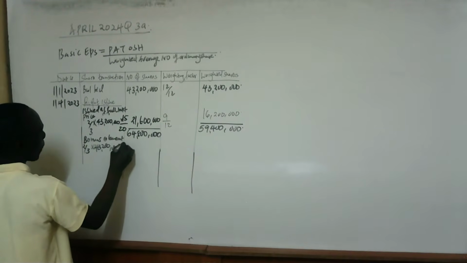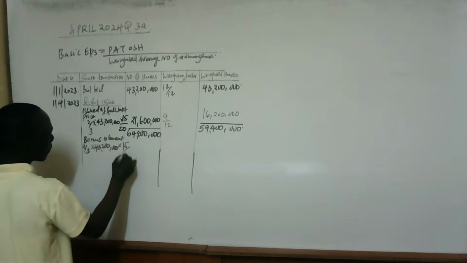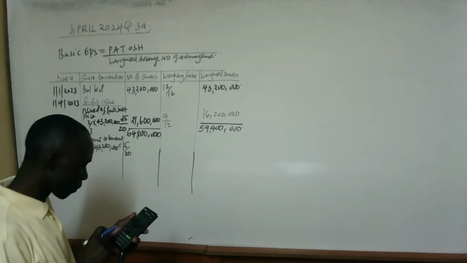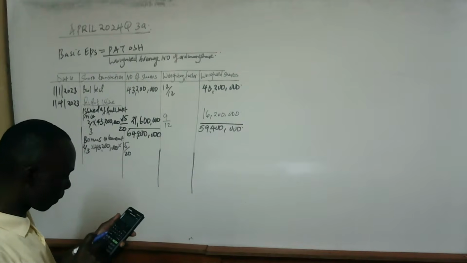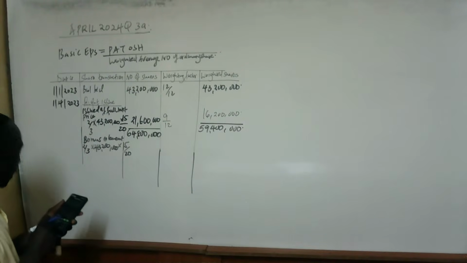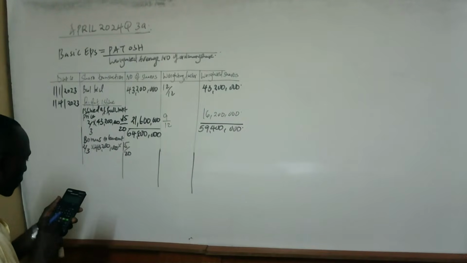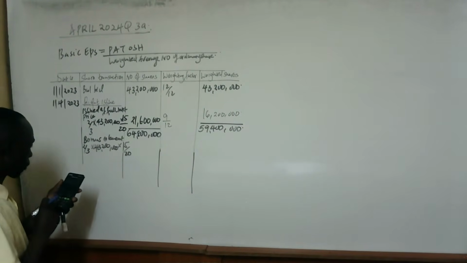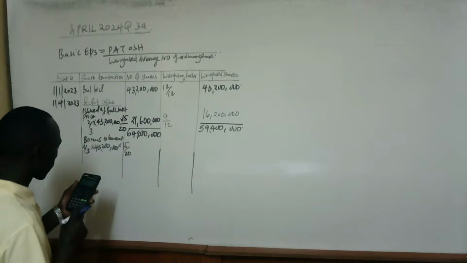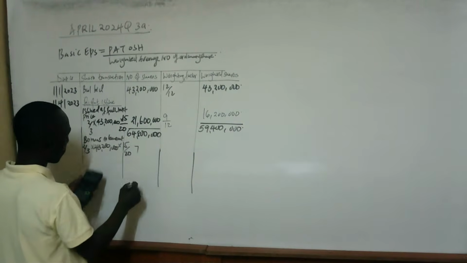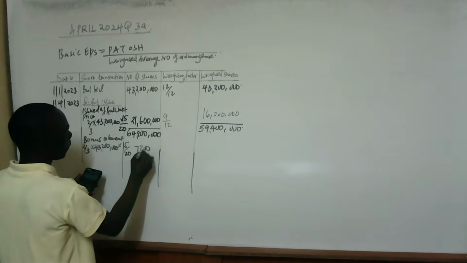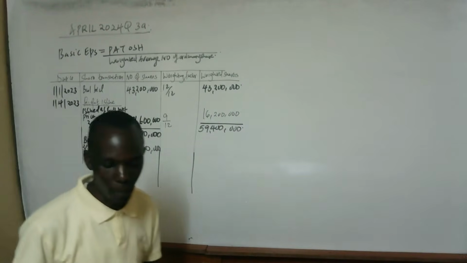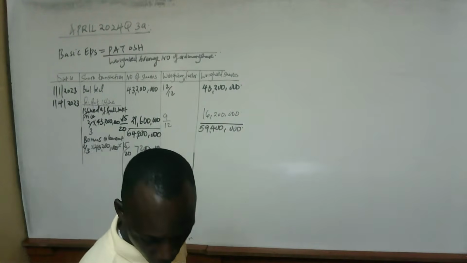Then you multiply by 5 out of 20. And therefore, in this case, we have a bonus of 7.2 million. And remember, the bonus is never weighted.